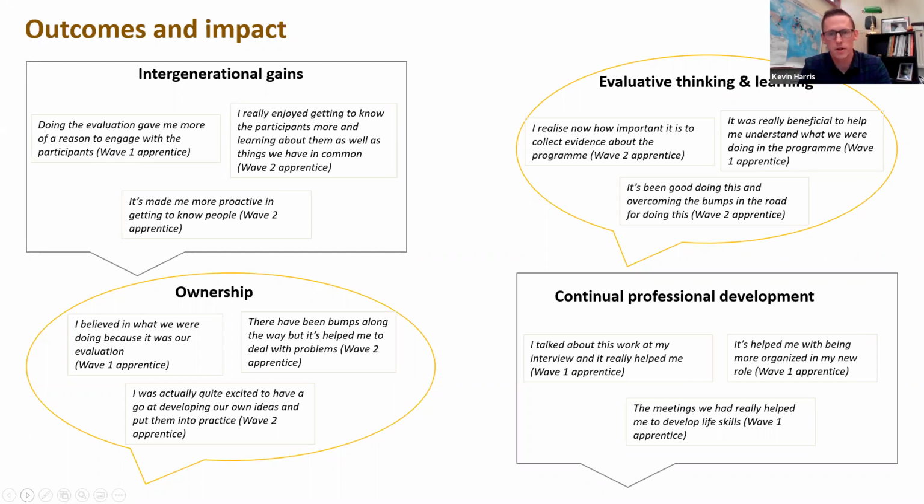I really enjoyed getting to know the participants more and learning about them, as well as things we have in common. So quite clearly the evaluation enabled them to engage more within a relationship building exercise with the participants, which I think was quite powerful.